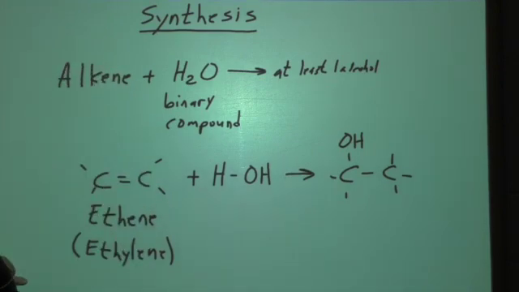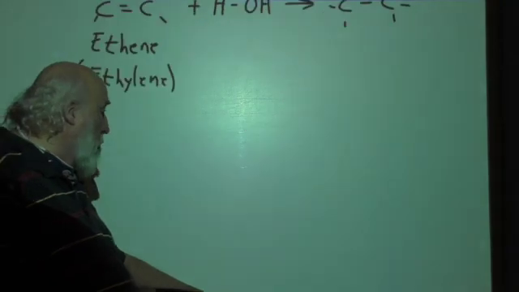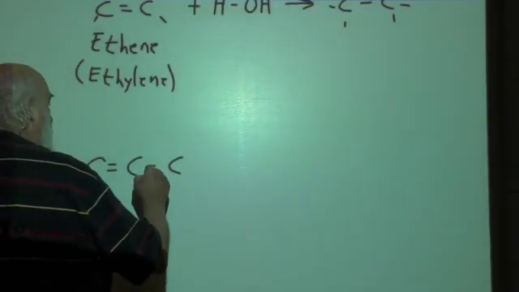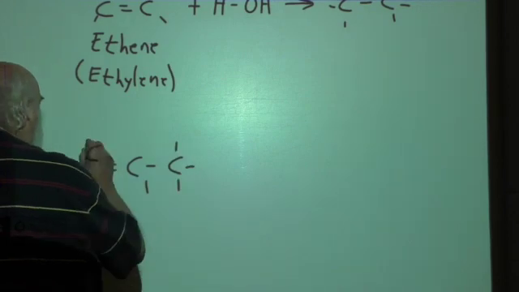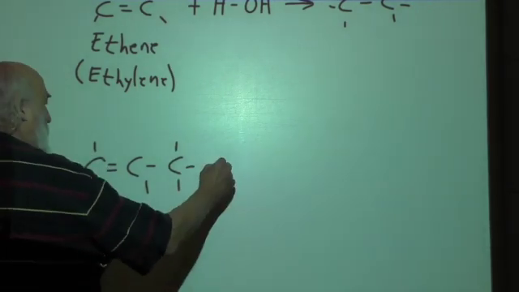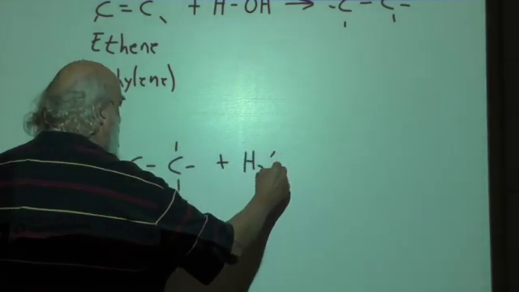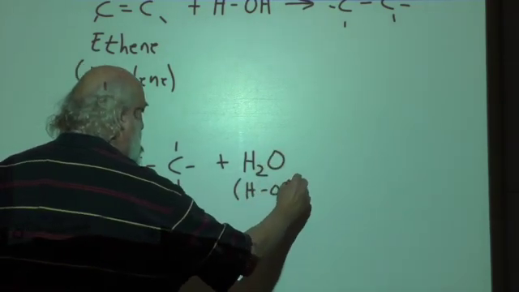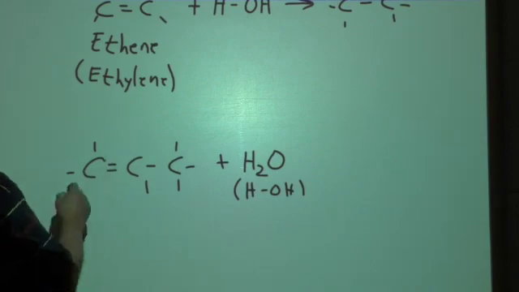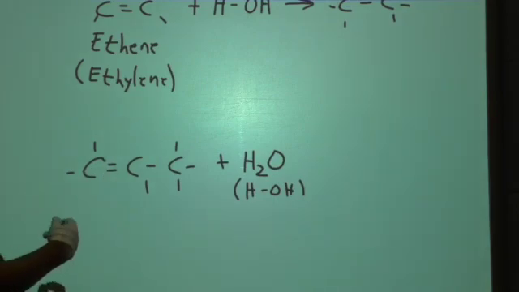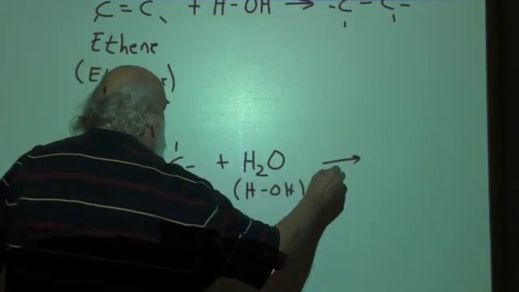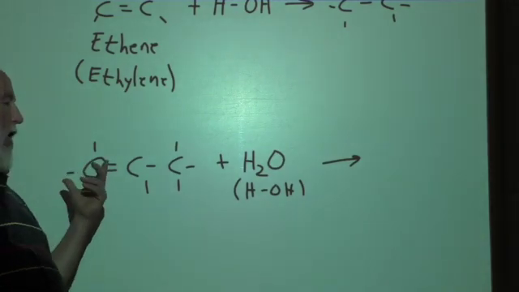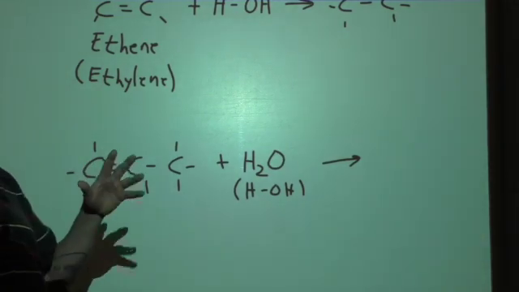Now, here's where the problem comes in. Let's take propene and add water to this. Again, think of this as hydrogen hydroxide. Collision right here breaks the pi bond. The sigma bond stays because it's very strong. But now you actually get two choices of where the hydrogen and the hydroxide go. So let's just focus on the hydroxide.